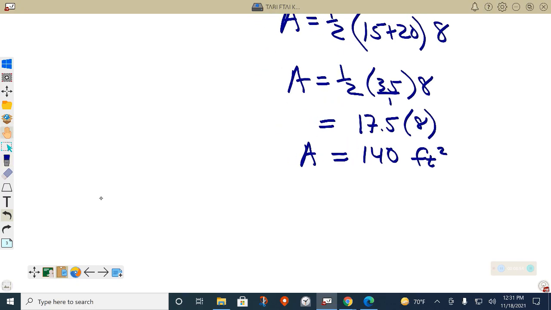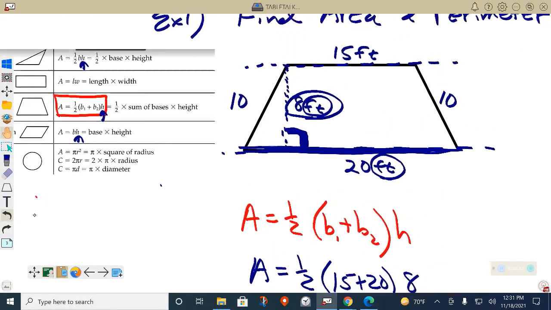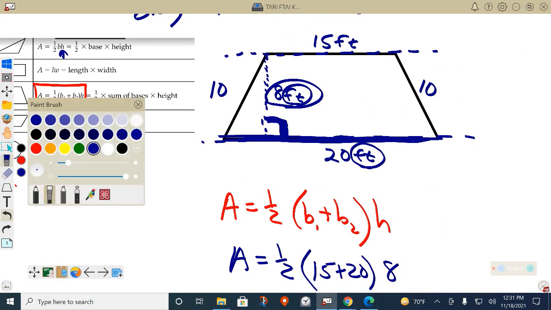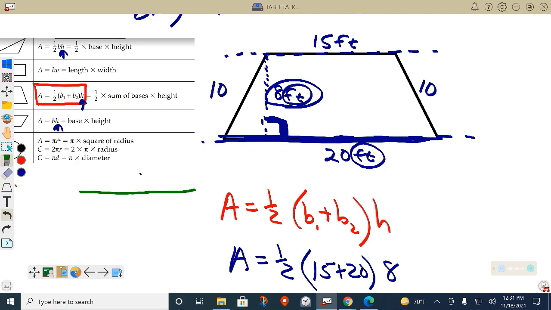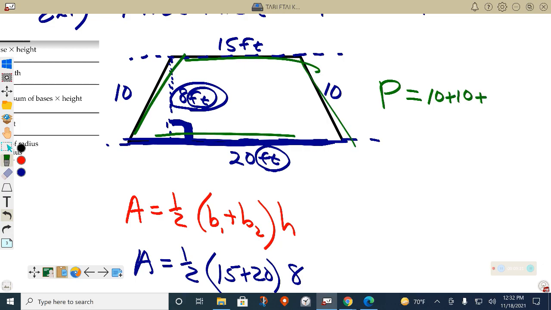Let's find the perimeter now. The perimeter I'm gonna put in green. Check it out. Here we go. 10 plus 10, that's the two sides here, plus 15 plus 20.